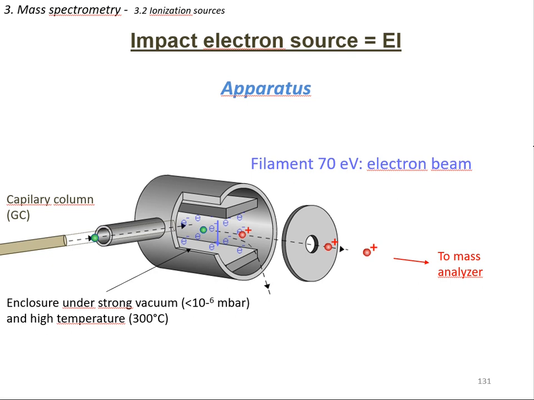Under vacuum, it will bombard them with electrons, and doing so, it will ionize them. It will charge them positively by, in fact, stealing electrons from the molecules. And these charged molecules are sent to the mass analyzer. All this is also at high temperature to avoid a recondensation of the molecules.